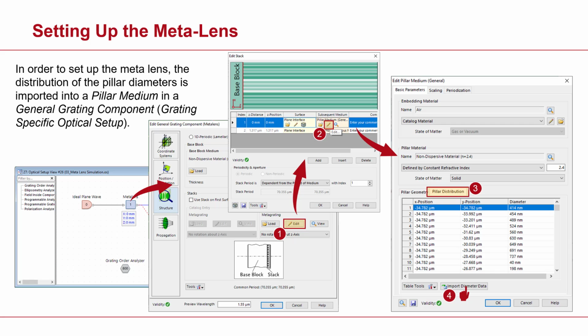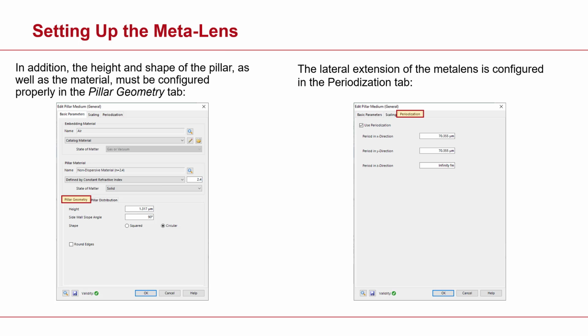The next step is to build the meta lens. So we take that pillar diameter distribution and we create a structure out of it. We create that meta lens distribution, that pillar distribution that is going to be the physical meta lens.